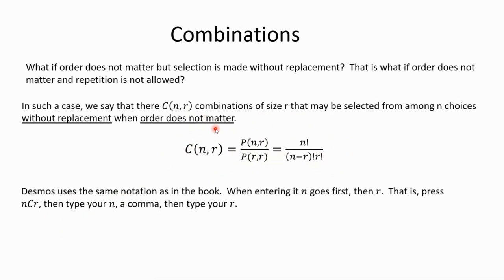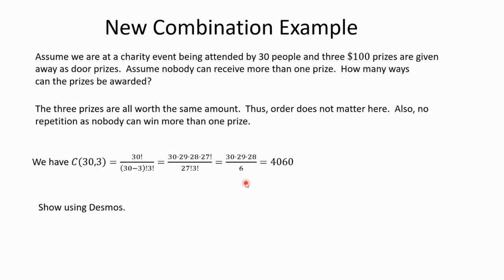So that happens with a combination. You don't have to go by this formula though, because Desmos has NCR in it.